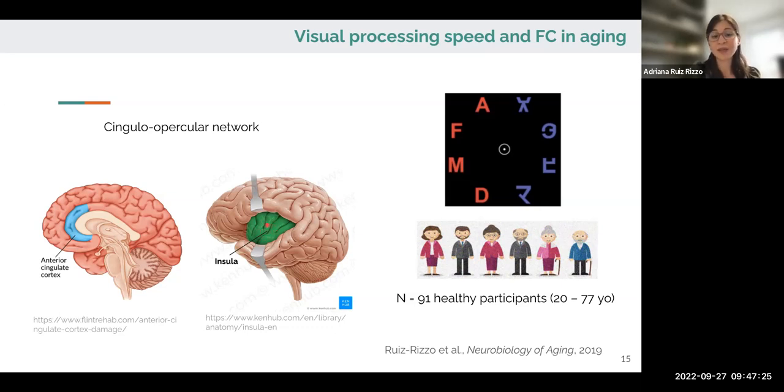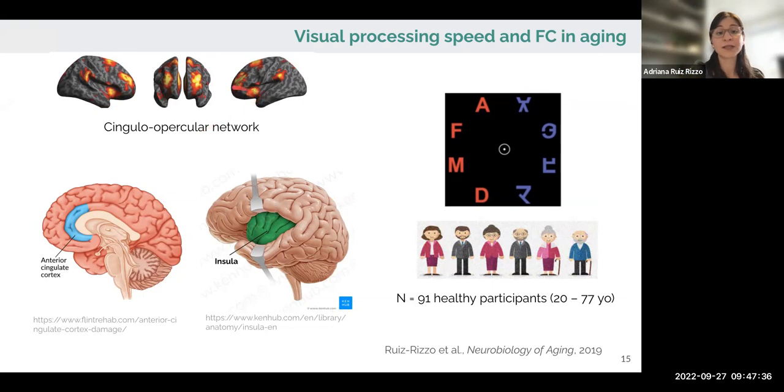This means that the insula and the anterior cingulate cortex are the core regions of the so-called cingulo-opercular network. And these are all the regions that compose this network in this particular sample.